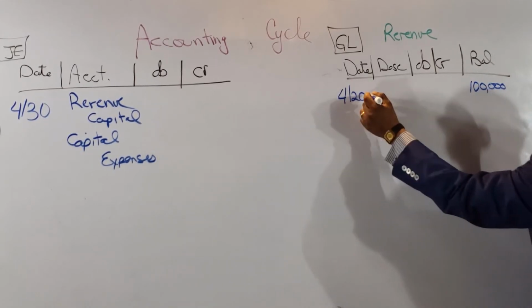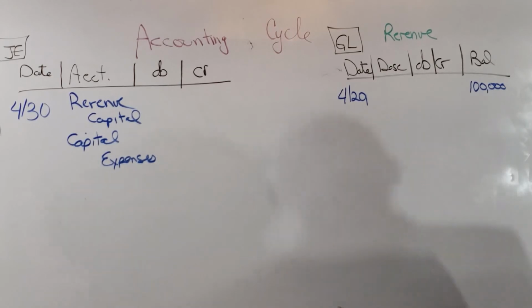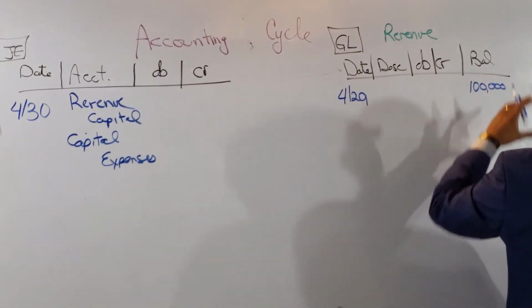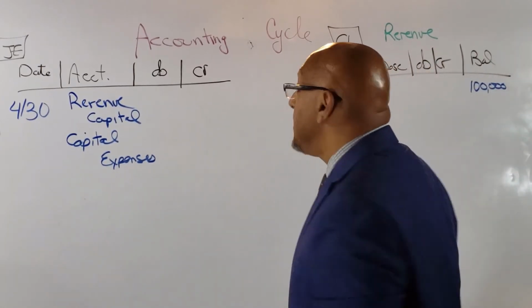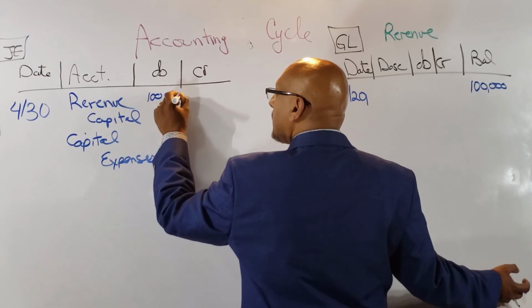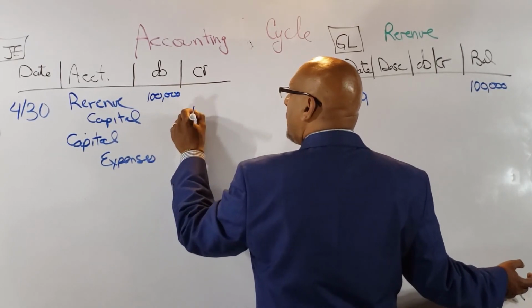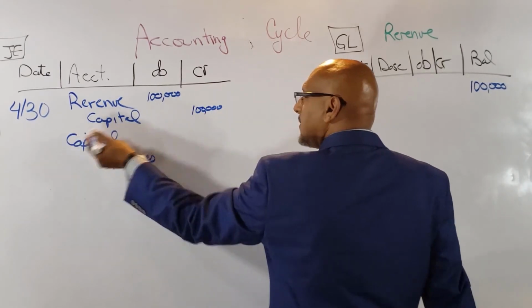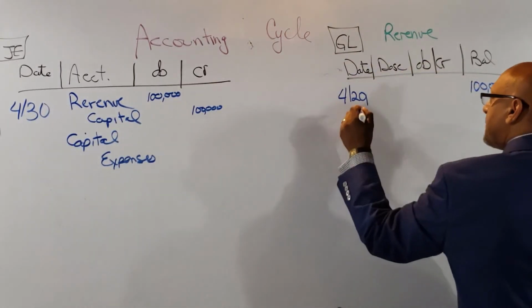That's the balance as of 4/29. So we have to close out this revenue GL because it's temporary. We're going to do a debit for $100,000 and credit capital for $100,000. That's our transaction. Now let's post it over here.